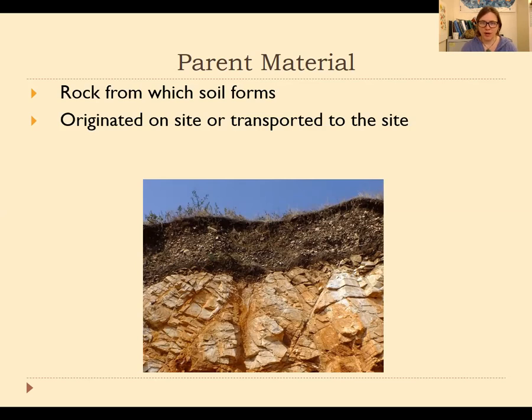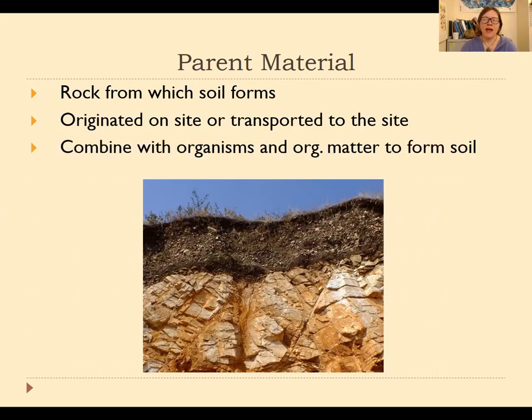In either case, they can break down over time to form soil. And then, as I already said, they combine with organisms that live and move through the soil. They combine with organic matter from dead and dying organisms, and then they combine with air and water. I don't have that listed on the slide, to form the soil that we know of on the Earth's surface.